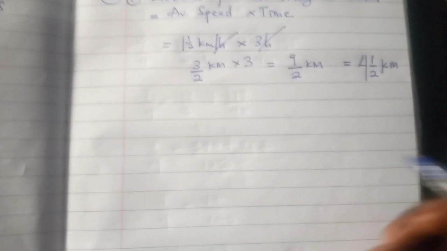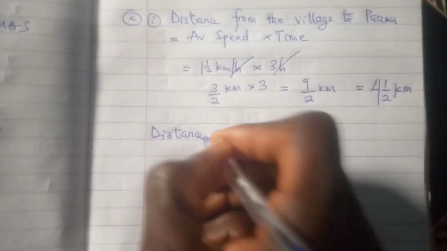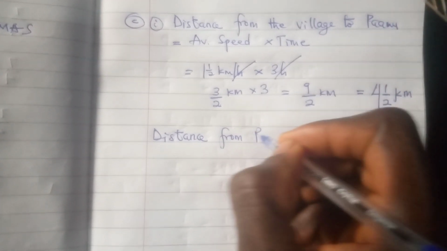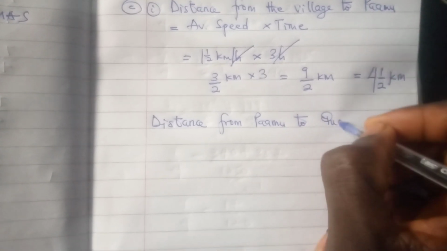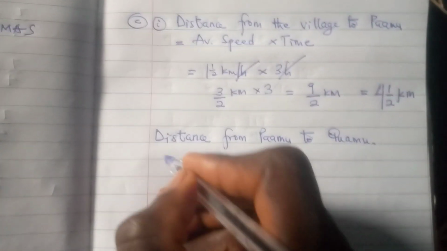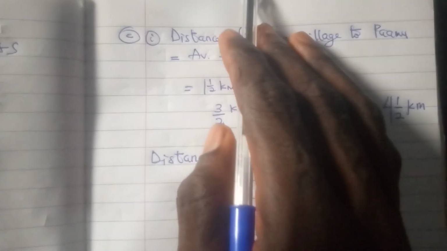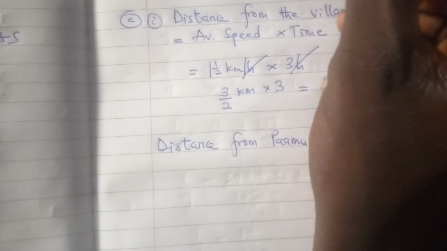So we have to also calculate the distance from Pamu to Kwamu. And we know that distance is average speed times time. And what is the average speed she used? The bus traveled at this speed using this time.